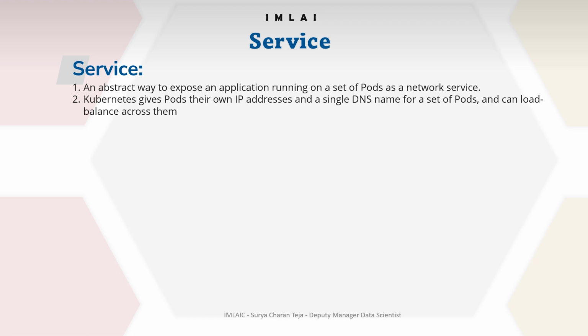If some set of pods, let's take an example, backend pods, provides functionality to other pods, let's take them as front end pods inside your cluster, how do the front ends find out and keep track of which IP address to connect to, so that the front end can use the back end part of the workload?